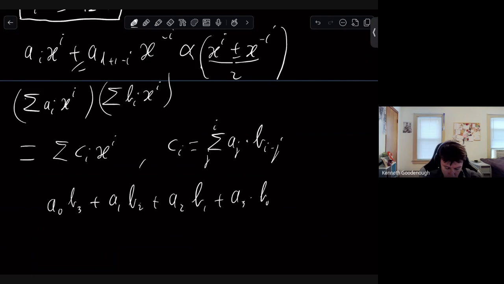Of course, this is c3. And if we want to get out an even function, then we want that c0 is equal to c3.